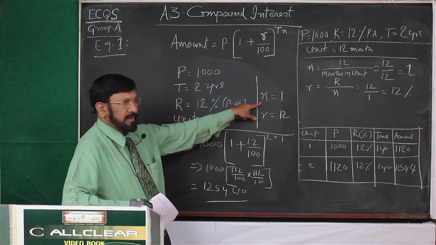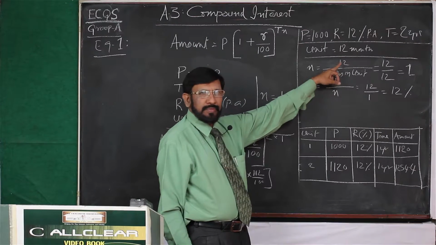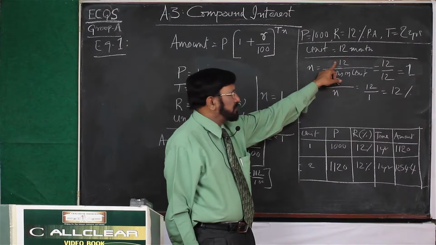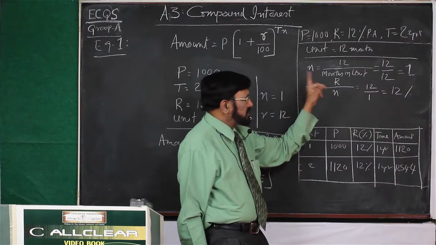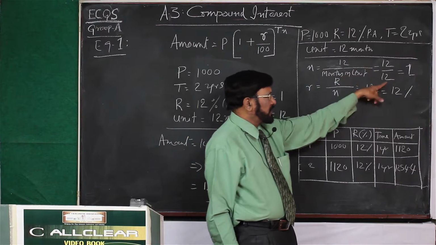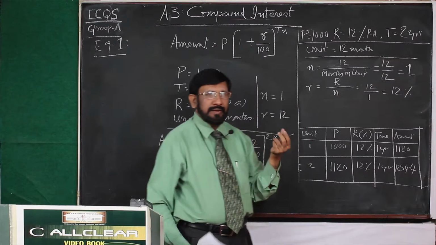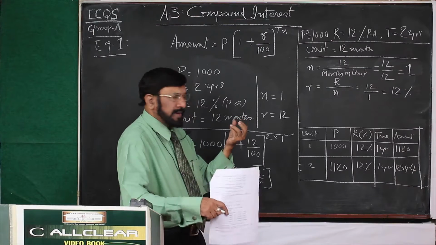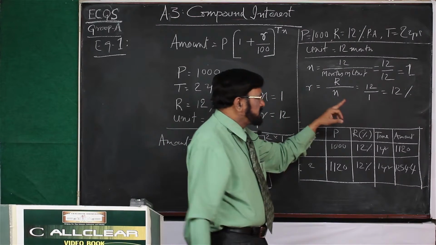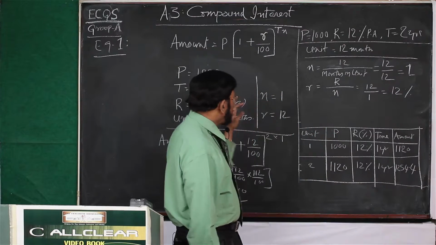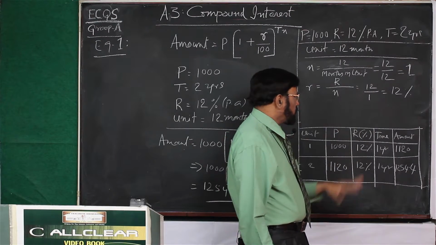You have to calculate N. Again, N is equal to 1. N is 12 by, always the 12 represents the months in a year, and months in the unit. Here the months in the unit period is 12 months, 12 by 12, 1. And thereafter R, rate in simple interest we are simply taking per annum. Here it should be adjusted for the unit period. Fortunately, in this case unit period is 1 year. So, 12 by 1 is 12%.